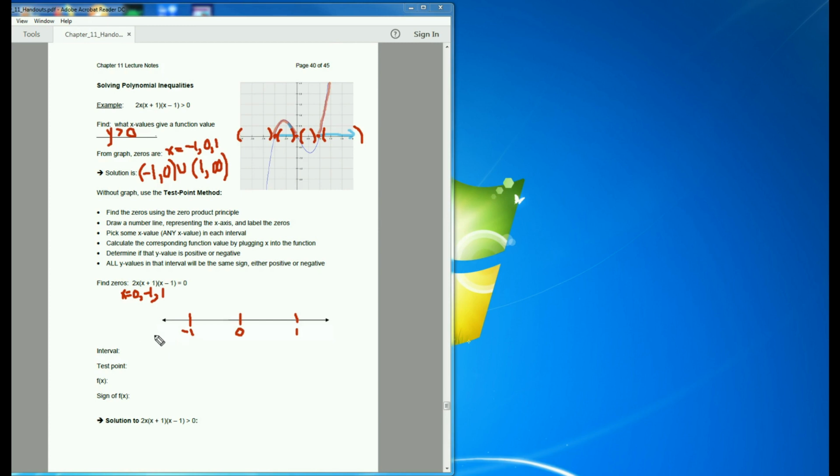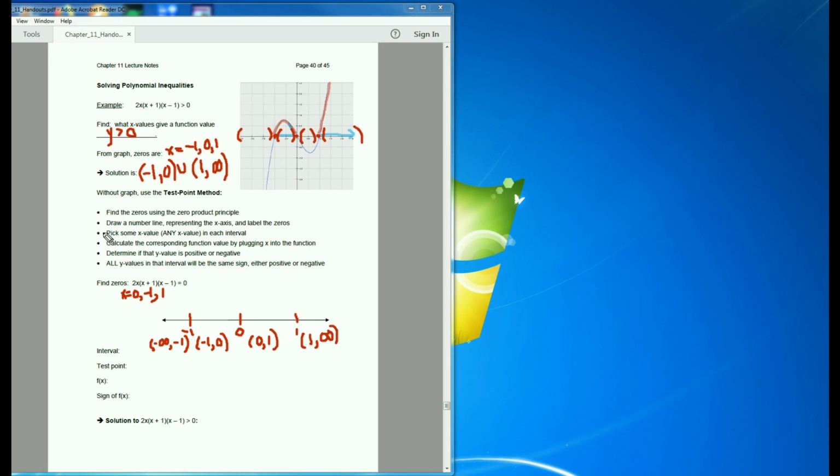The first one is everything from down here up to -1, in other words, negative infinity to -1. Then we have this little interval from -1 to 0. Then this little interval from 0 to 1. Then this interval from 1 on up to infinity.